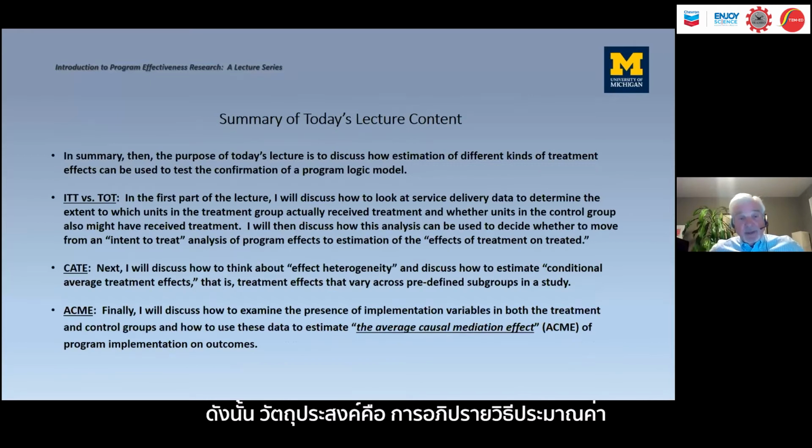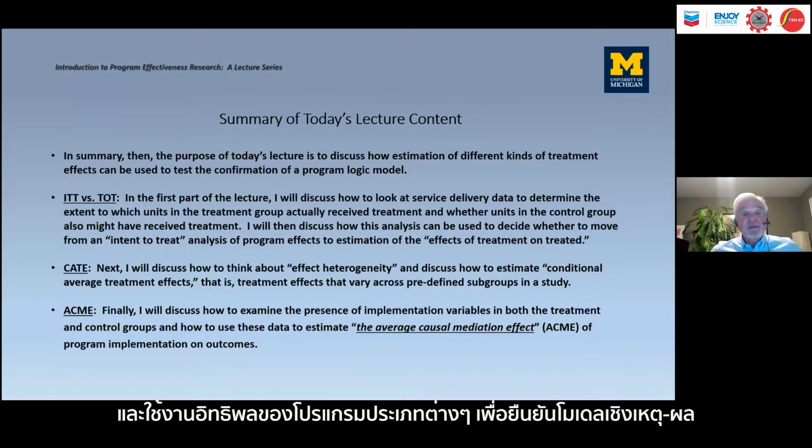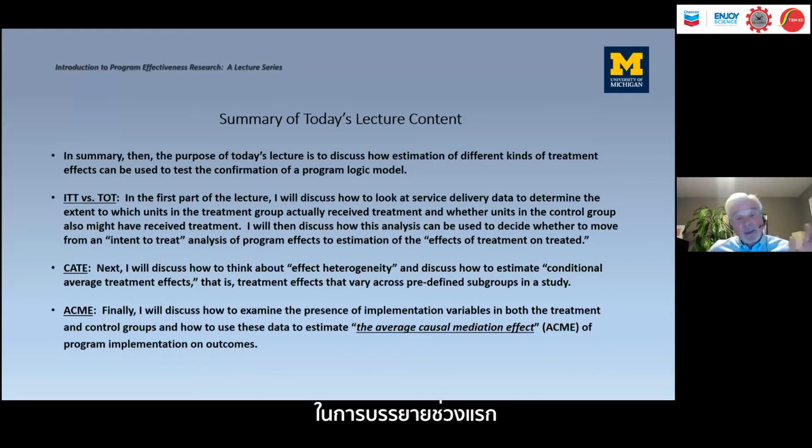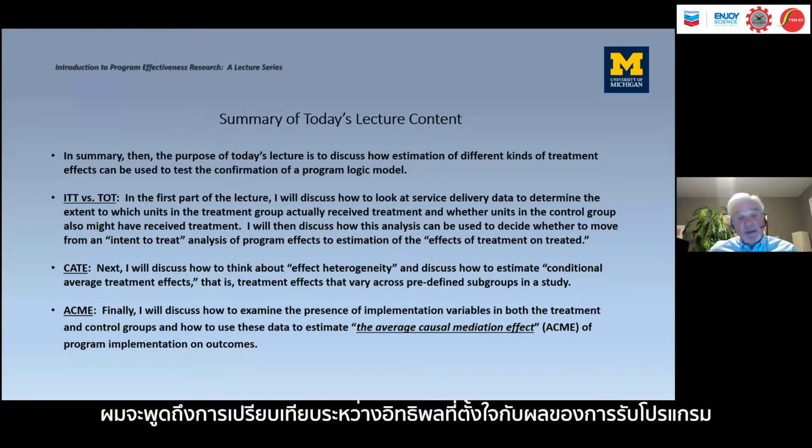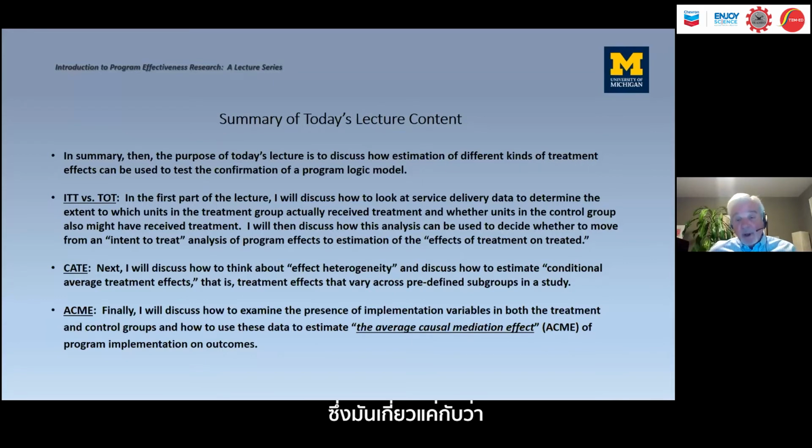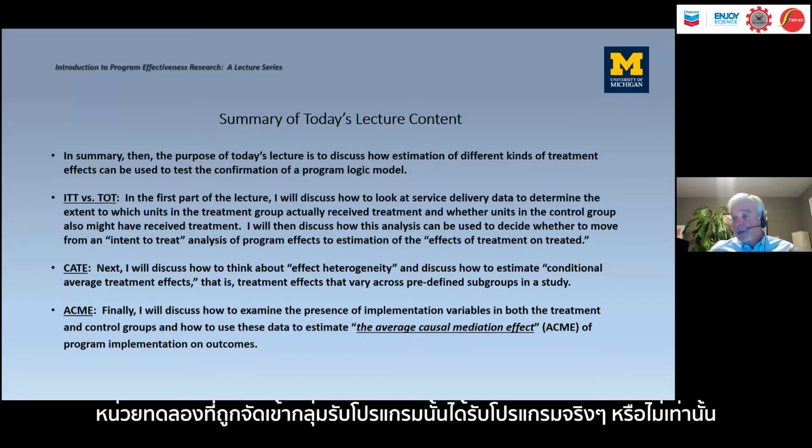So again, the purpose is to discuss how to estimate different types of treatment effects and use that to confirm a logic model. In the first part of the lecture, I'm going to be talking about the intent to treat versus the treatment on treated, which is all about whether or not a unit assigned to treatment received treatment.